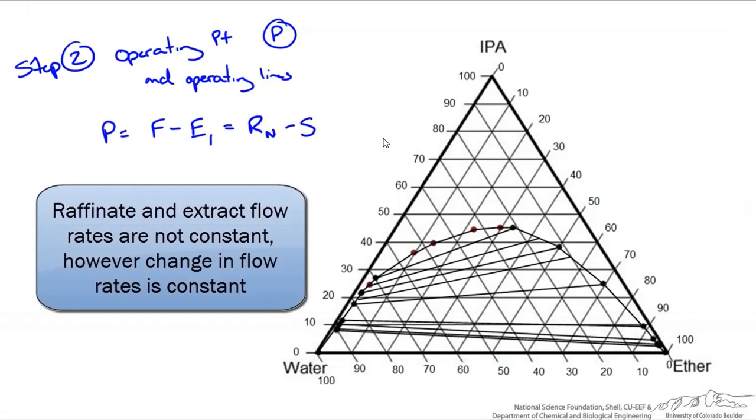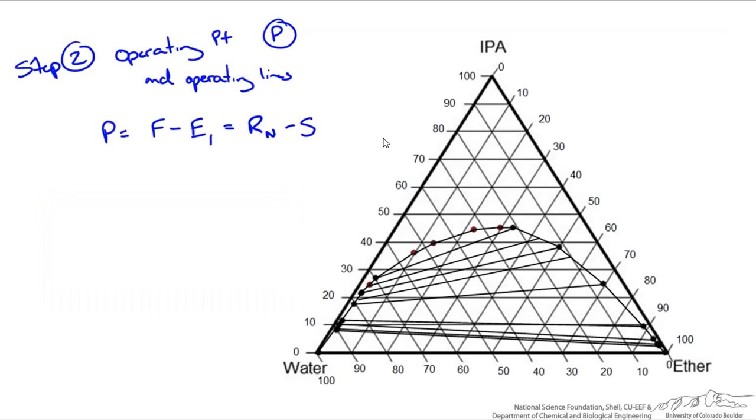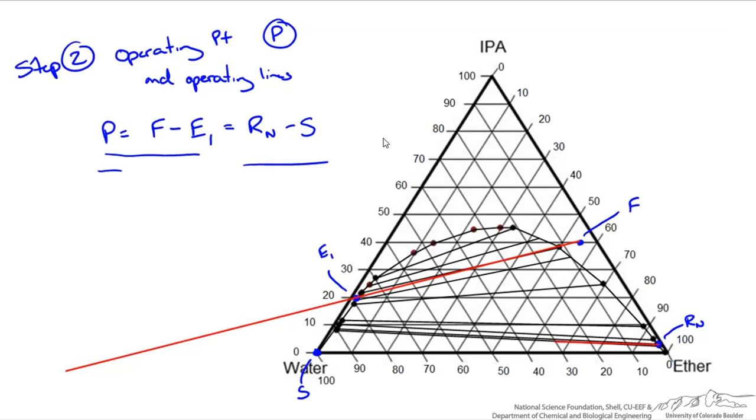Just look here, as we have to locate P, and you remember that I told you F minus E1 is equal to Rn minus S. So we have to use these and construct P here. Just look, he has pointed out, based on his given compositions, the solvent point, feed point, extract E1 and raffinate Rn stream.